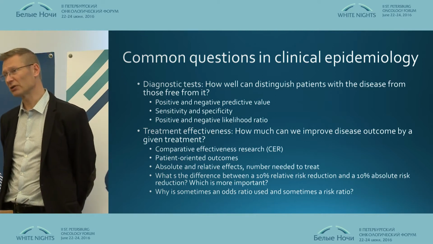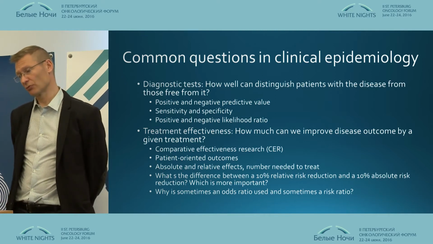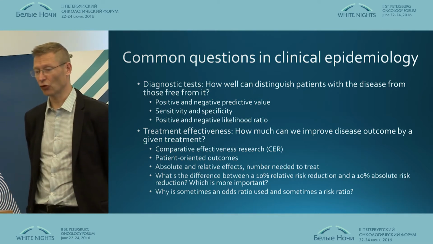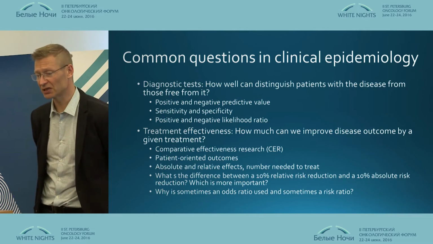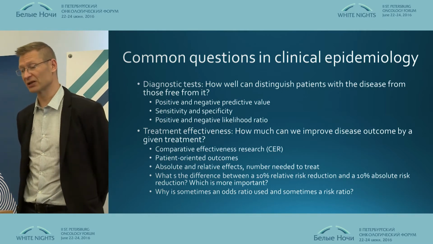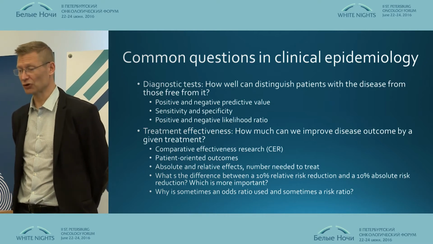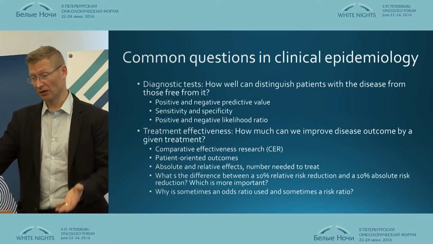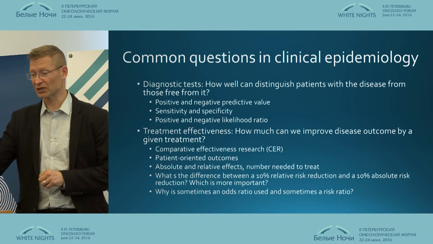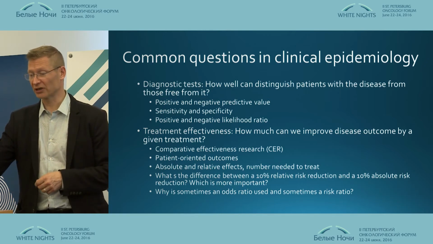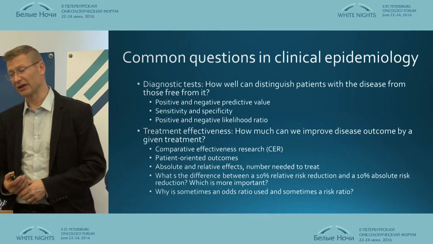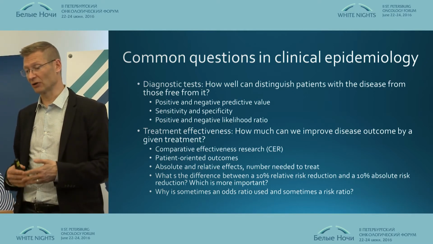And then for treatment effectiveness, the broader question being, what is the effectiveness of this treatment? Comparative effectiveness research is something that is needed, including all comparative studies, basic randomized trials, but also other, for instance, monitoring the effectiveness between hospitals, doing audit and collecting data for audit, evaluating the quality of medical care, and patient-oriented outcomes, meaning that we should be interested in what is the outcome for the patient.